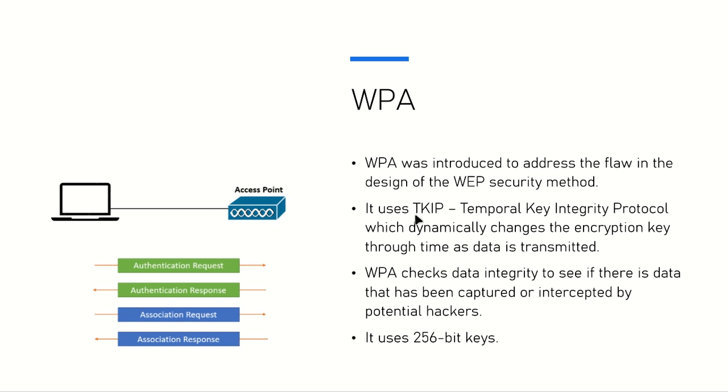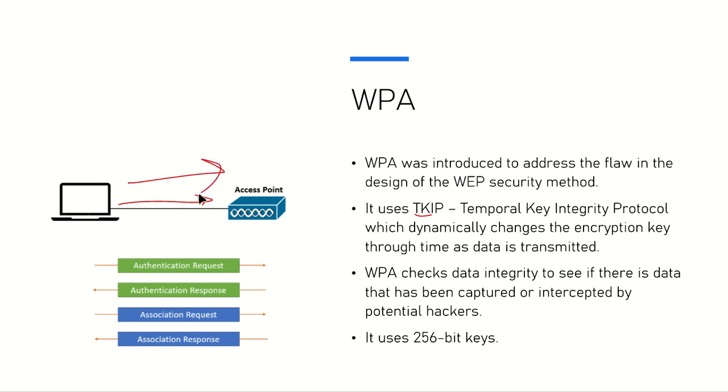It uses something known as TKIP, which is Temporal Key Integrity Protocol. So there's you and there's the access point. We did say if you're using WEP, all the messages are sent off, but they're encrypted using one key. However, for WPA, we are instead using temporary keys. So the first time I send a message, a different key is used.